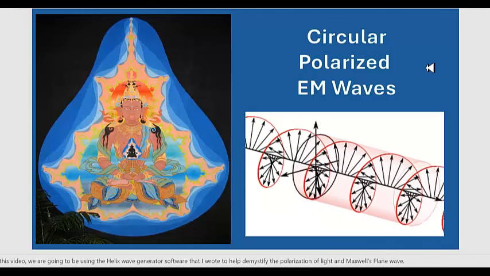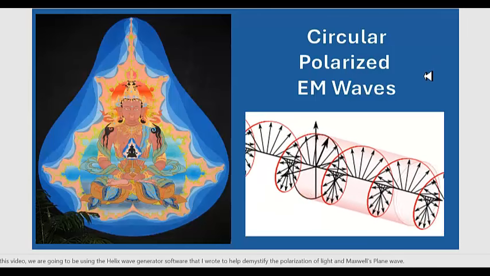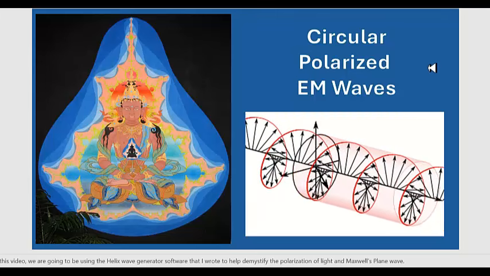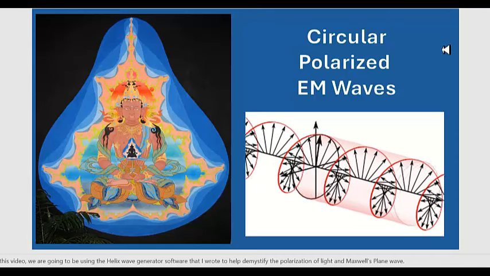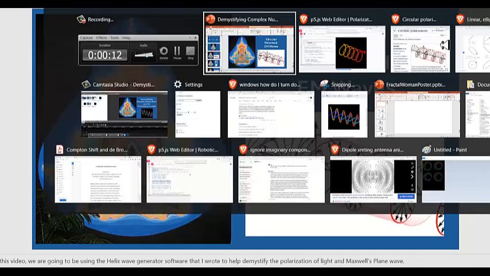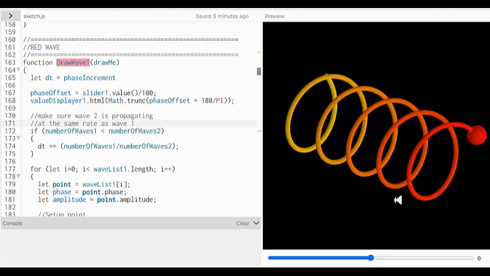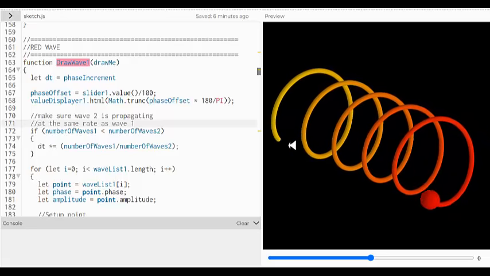The first thing we need to talk about is circularly polarized light, because this turns out to actually be the trivial case. The circularly polarized wave as depicted in this image here is in fact the helix wave that I implemented in my code. It is exactly the same. The dynamics is the same.